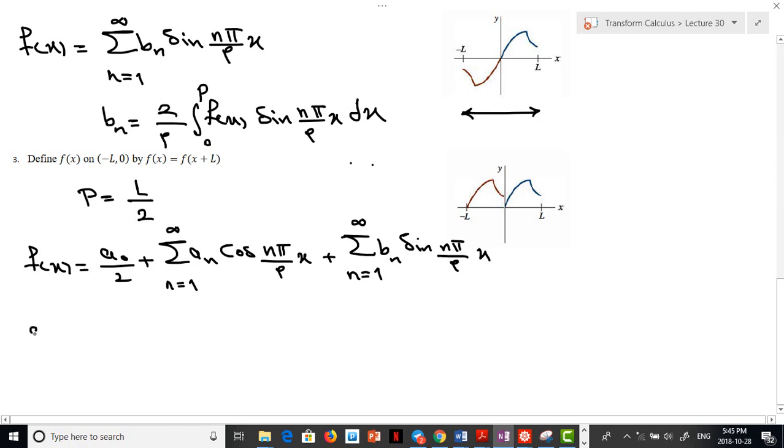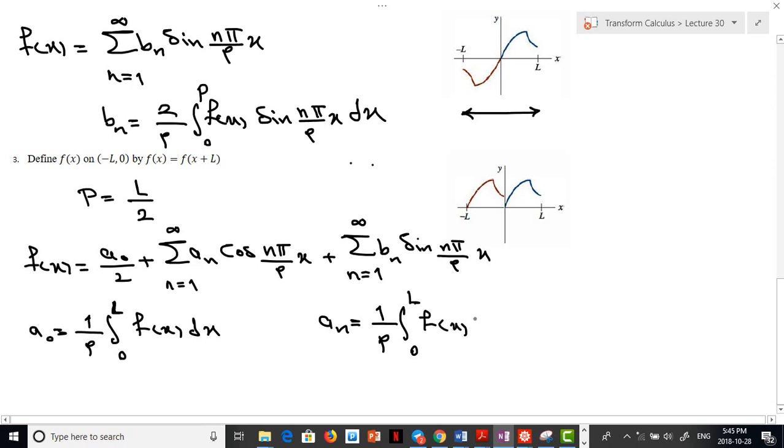So in this case, a0 is equal to 1 over p, the integral from 0 to L, not from p, so it's 0 to L, f(x) dx. an is equal to 1 over p, integral from 0 to L, f(x) cosine n pi over p x dx.